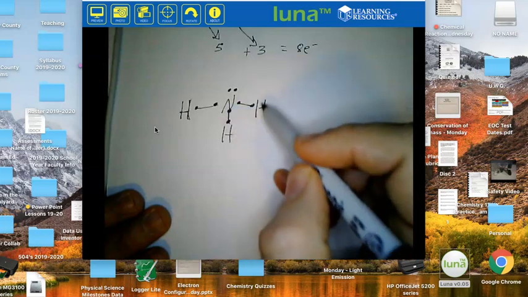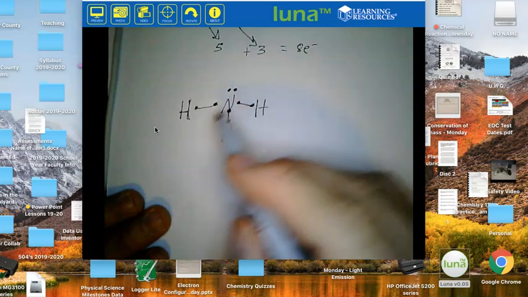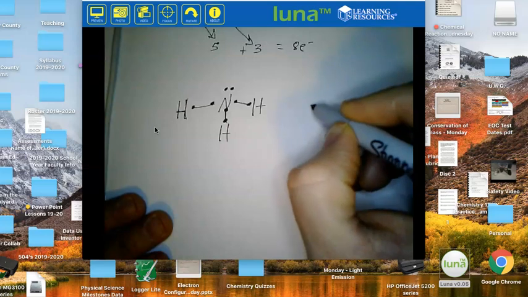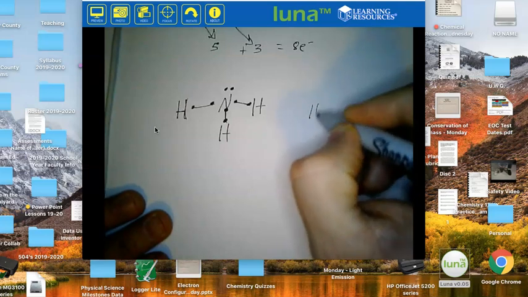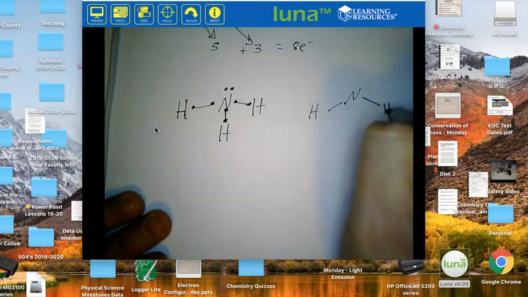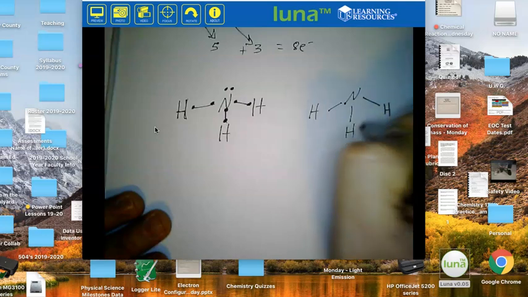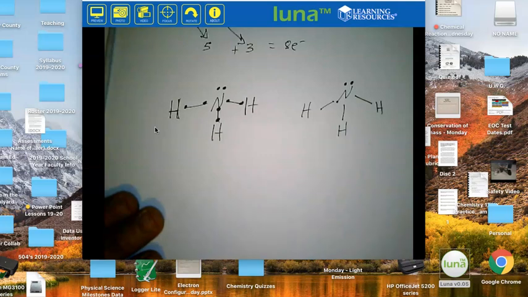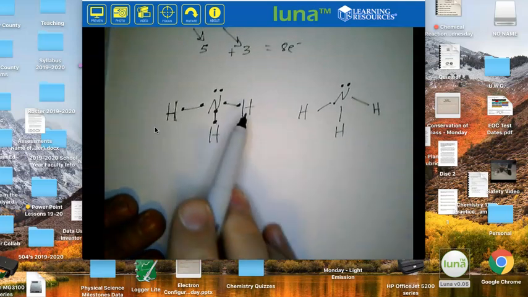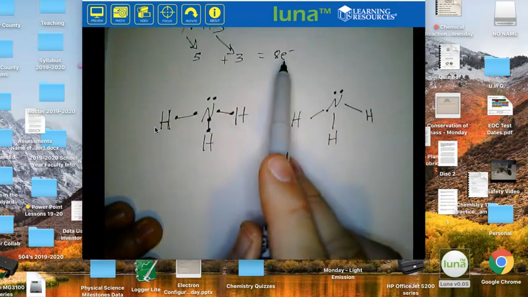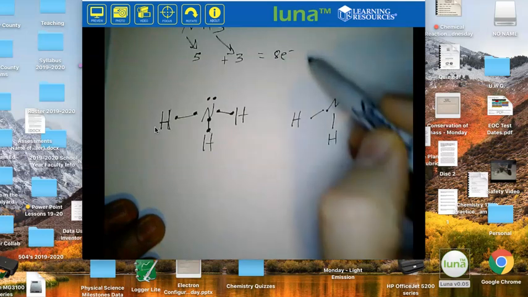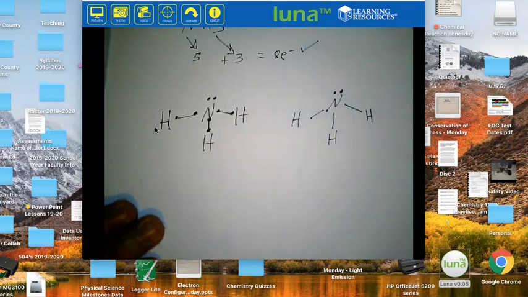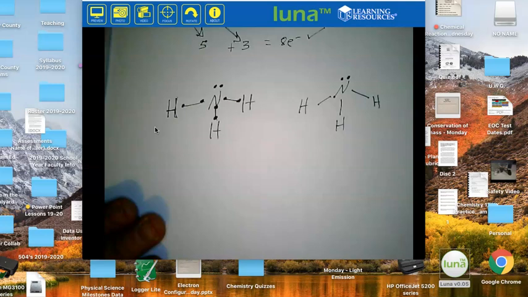Yeah, it has 8 around there, and hydrogen can only have 2. So the final structure here, I'm just going to write it where it's actually prettier than what I had before. It looks something like that. That's your structure for ammonia. Now let's verify it has 8 electrons. 2, 4, 6, 8. So it does. So it's good, and it also satisfies the octet rule.